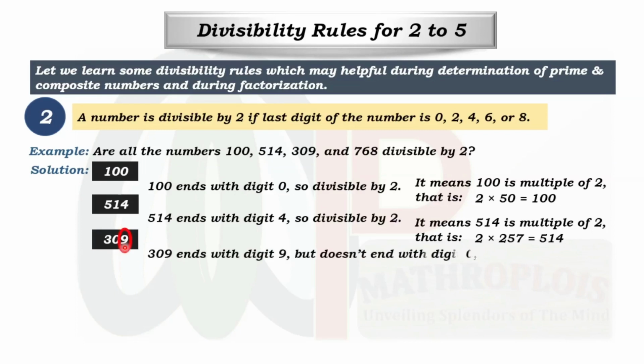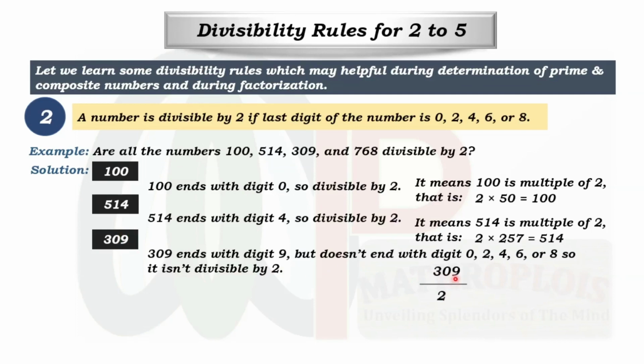Then here is number 309. The number 309 doesn't end with digit 0, 2, 4, 6 or 8, but ends with digit 9. So it isn't divisible by 2. We check divisibility of 309 by 2.